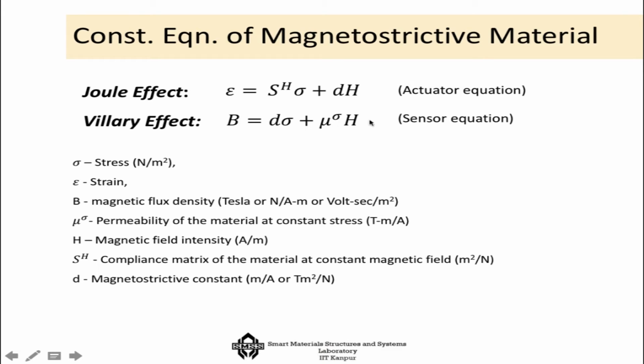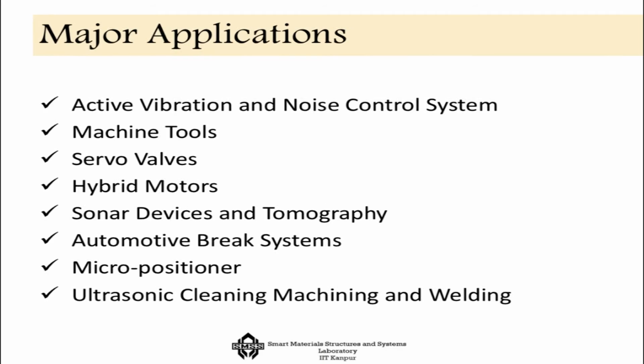Of course, the magnetization can be changed by the magnetic field also, but that happens for a regular solenoid, governed by the permeability, and that is not what we are focusing on for a smart material. It is this d sigma part which we will capitalize on for developing sensors with magnetostrictive material.